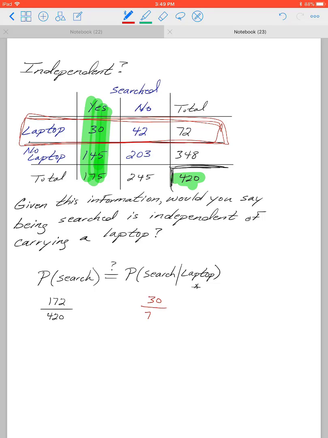Huh. It's slightly different actually. I think I typed something in wrong. Well, these are not exactly equal.